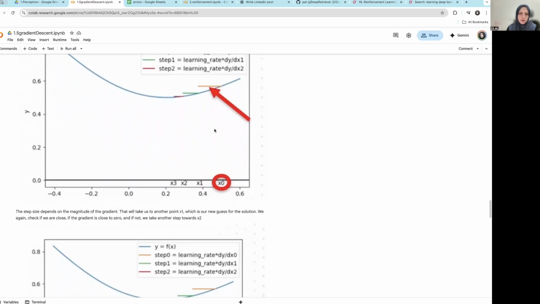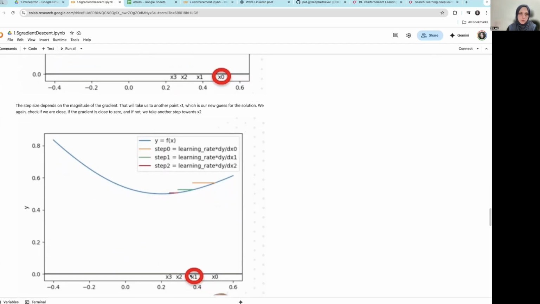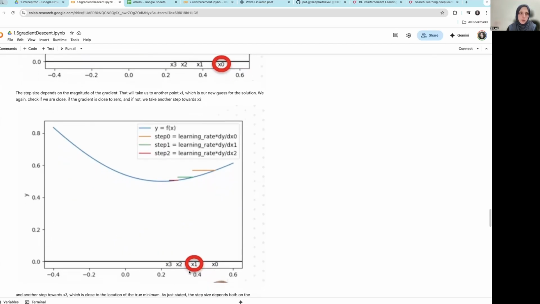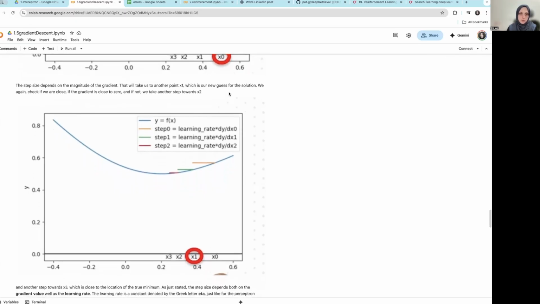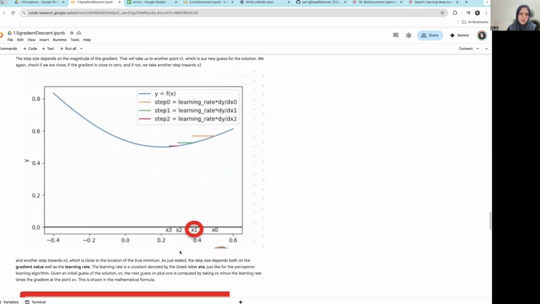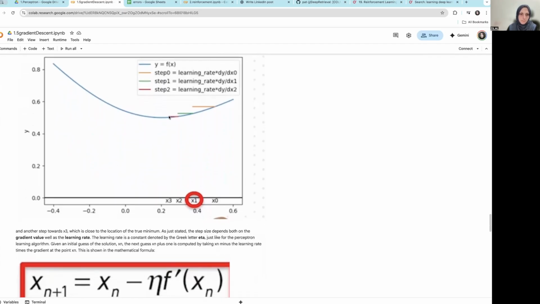That will take us to another point, x1, which is our new guess for the solution. We again check if the gradient is close to 0, and if not, we take another step toward x2 and another step toward x3, which is close to the location of the true minimum.